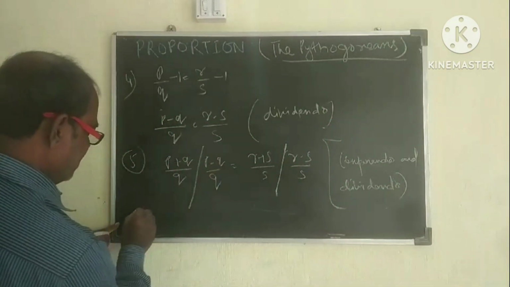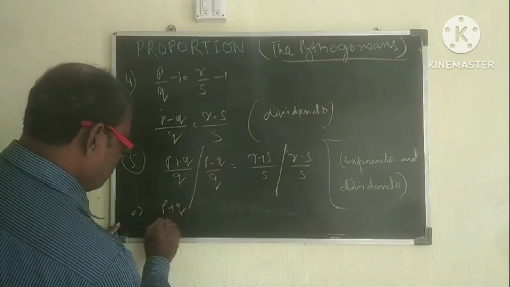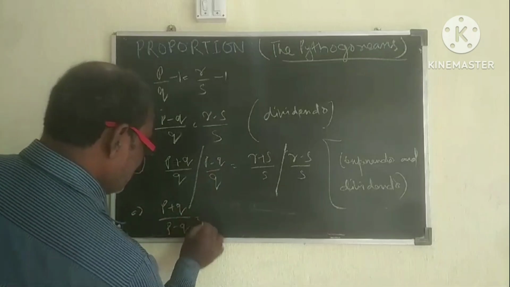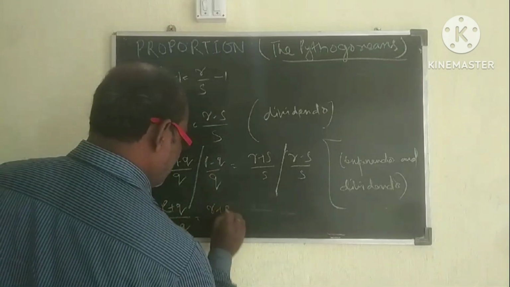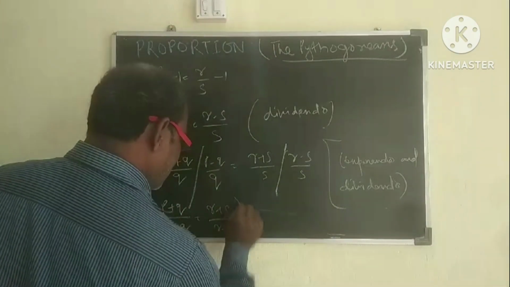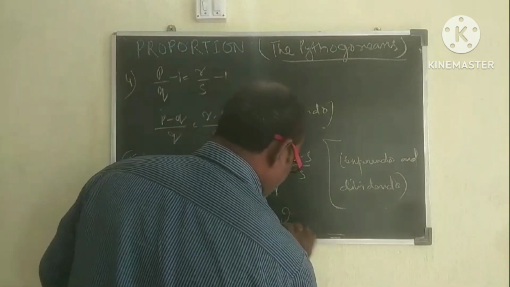So from this we get here P plus Q by P minus Q is equal to R plus S by R minus S. This is a very important result.